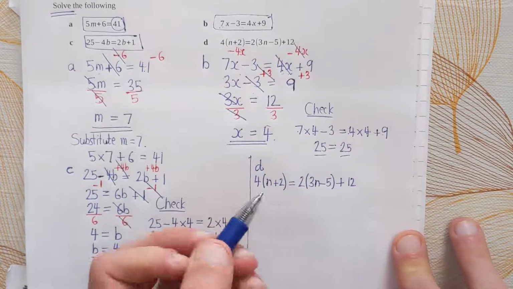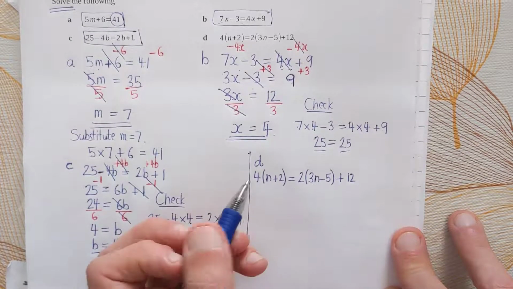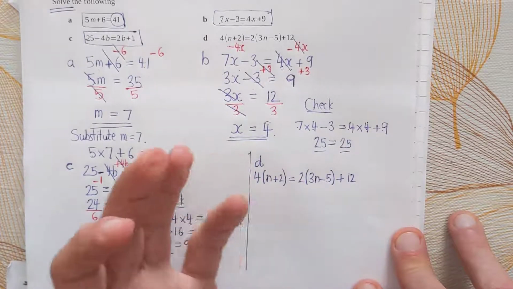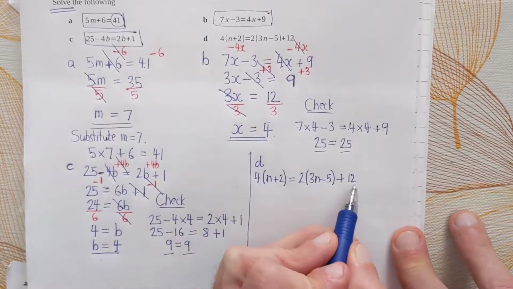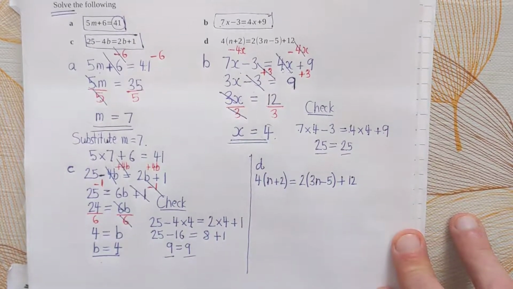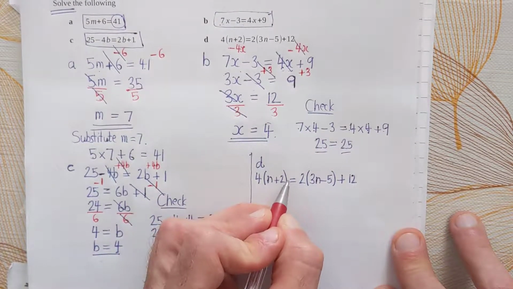So in this equation, we have to multiply the brackets out before we can rearrange it. I could have done a simpler example first, but I can't sit here doing 50 examples. I've got to choose the ones that I do. So I think this is a nice one. So you must be familiar with multiplying brackets out.